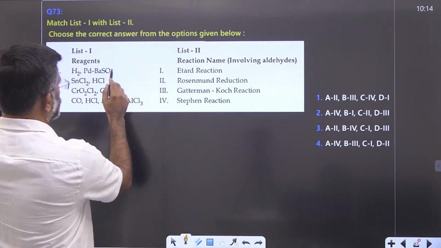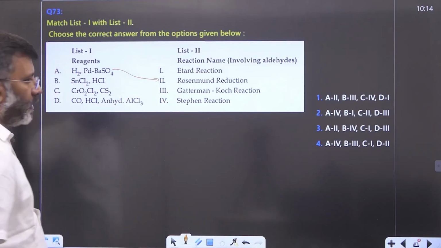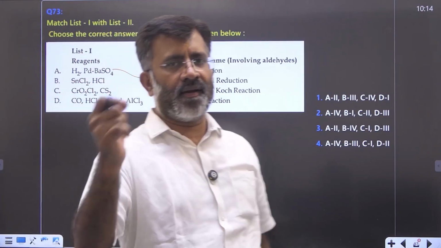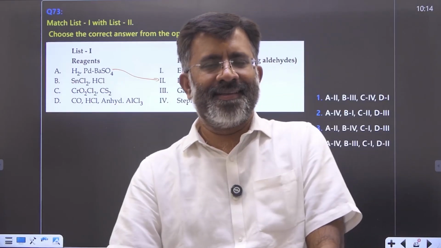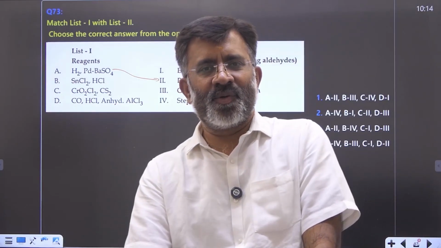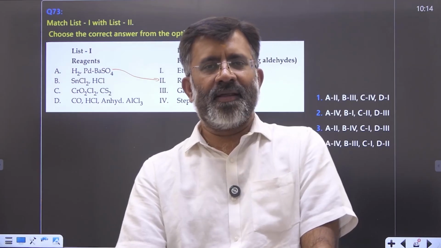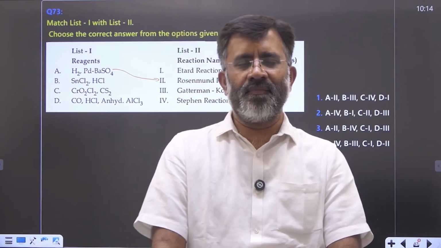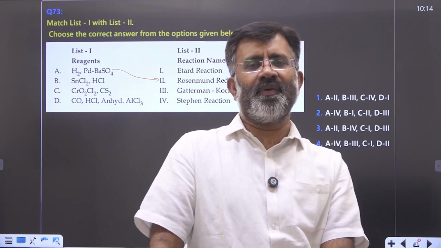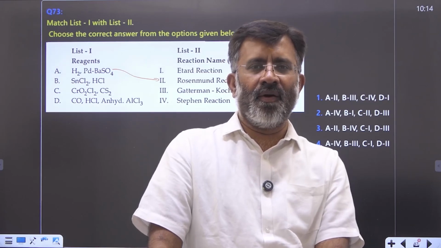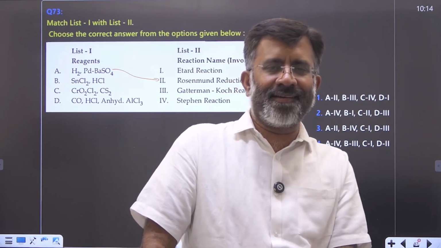It is the Rosenmund reduction, where acid chlorides are converted to aldehydes. Acid chlorides are reduced to aldehydes using palladized charcoal or palladium with barium sulfate, poisoned with sulfur or quinoline, or palladium with calcium carbonate.